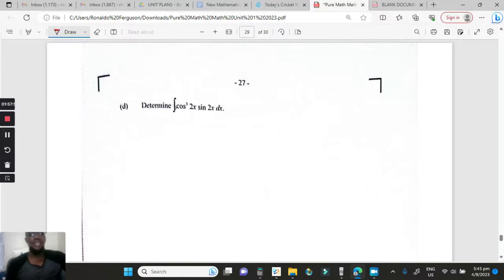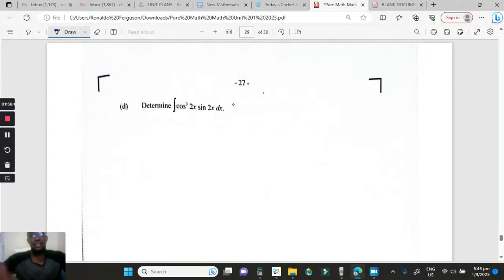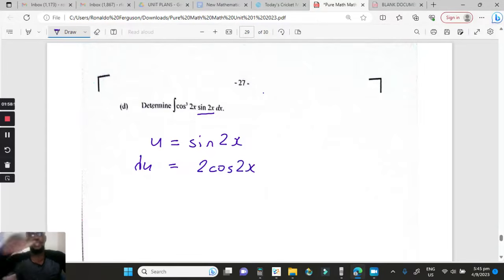Now this one you can't just integrate it, so clearly it must be what? Substitution. So in this case now, realize that, well, if you differentiate sine, you get cos, so we can use u as sine 2x. So du is differentiate sine, you get 2 cos 2x, right?